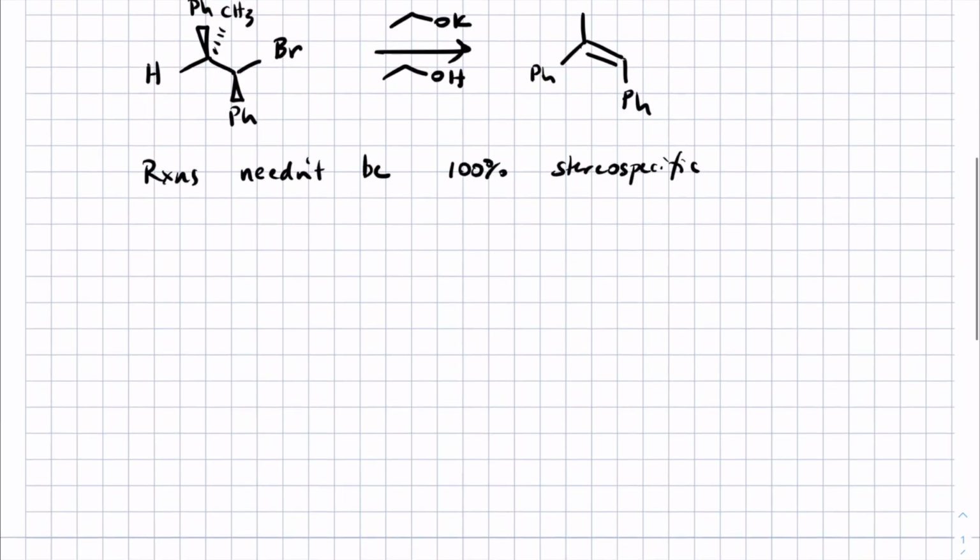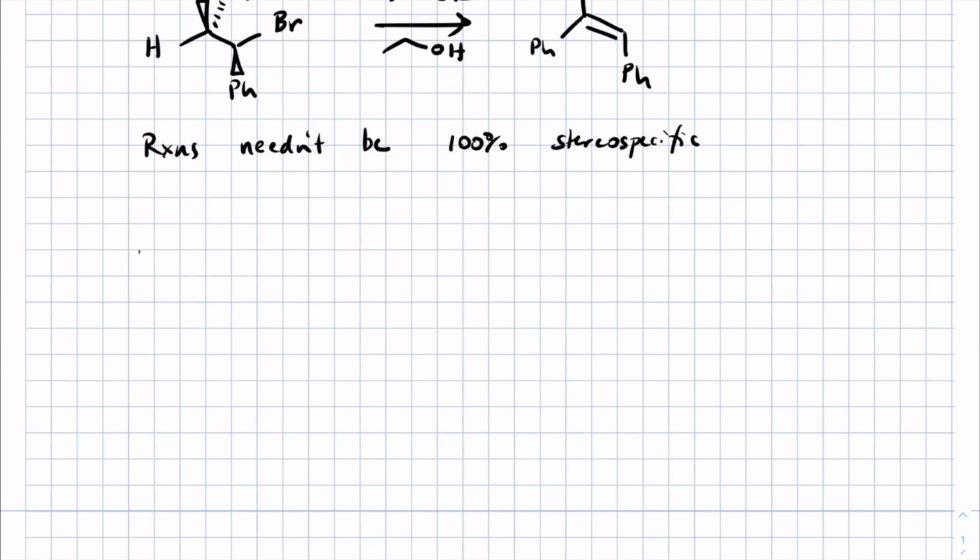So they just have to have an inversion, or they just have to have a switch in the major product when you switch stereoisomers in the starting material. So Grignard addition to ketones or aldehydes with stereocenters on the alpha carbon can be an interesting example of this.